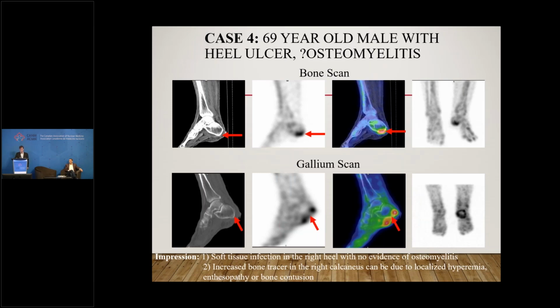So our impression was a soft tissue infection in the right heel with no evidence of osteomyelitis. And we have increased bone tracer activity in the right calcaneus that was thought to be due to localized hyperemia, but could also be due to neuropathy or bone contusion.